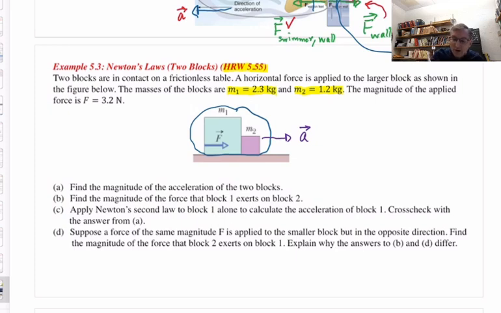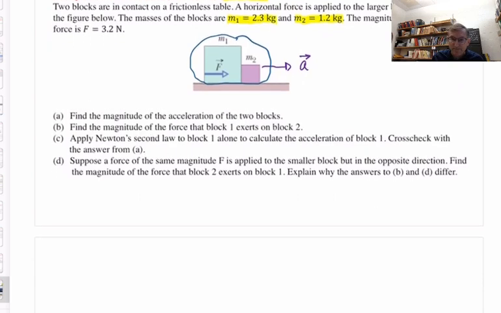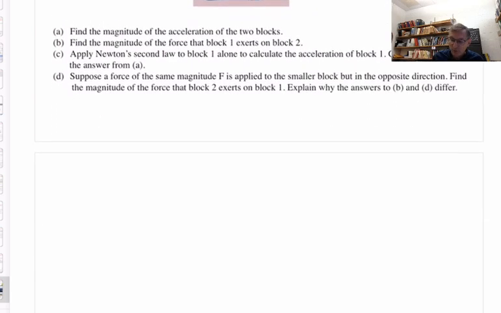So now I want to talk about a systematic application of Newton's second law. How to apply the second law systematically, carefully, in a way that will be very important if you're going to be successful solving these kinds of problems. All right, so I'm going to have to scroll up here a little bit so that I have some room to work.